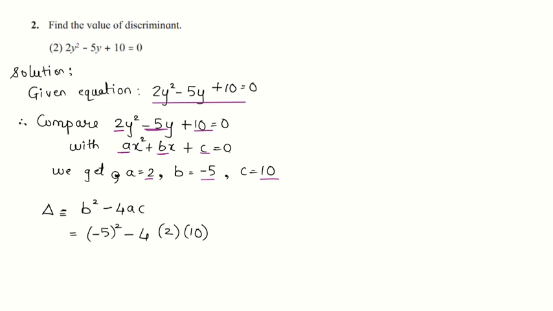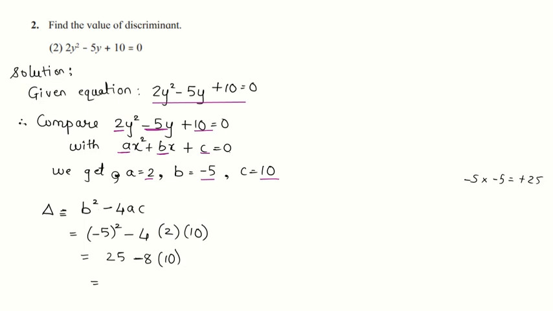Now let's solve this. What is minus 5 square? That is minus 5 into minus 5, here I will write minus 5 into minus 5 is equal to, minus into minus is plus, 5 into 5 is 25. That is, minus 5 square is 25. Minus 4 into 2 is, minus into plus is minus, 4 twos is 8, into 10.